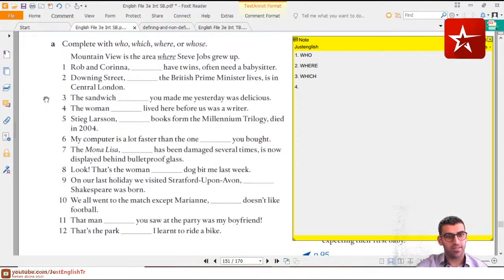Brilliant. Good. Number 4, the woman who lived here before us was a writer. Okay, Gülsafa says number 4 is who. We will see.